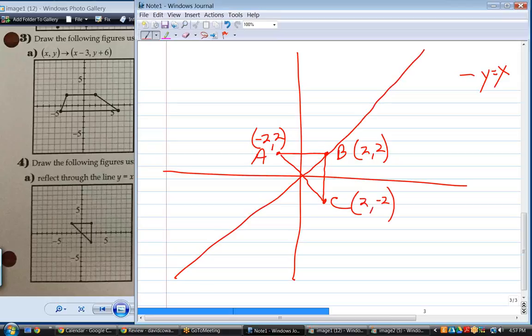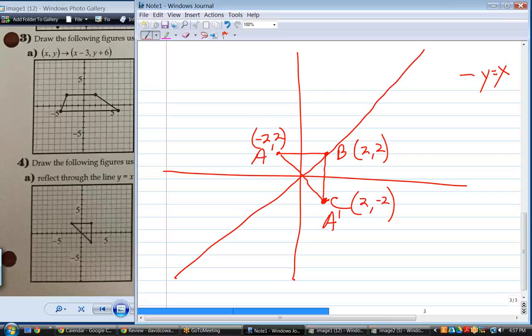So the rule is you just switch the coordinates. So where is A prime? Isn't it where C is? Yes. When you switch the coordinates, you get 2, -2. So that is also A prime. It's a bad example for them to use.